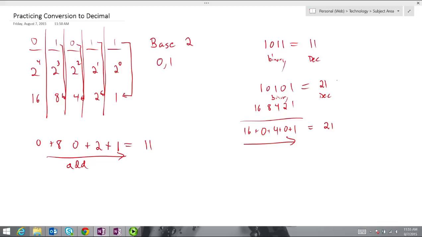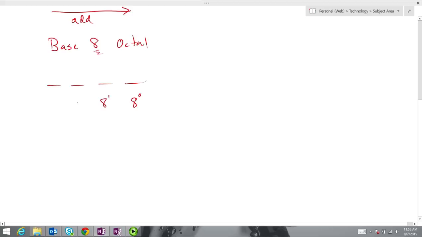Okay, so we don't have to convert just from base 2. Let's try something a little bit more complicated here. Let's try base 8, octal. So again, I write out some digits. I'm going to have my base, which is 8, to the 0th power, and then 8 to the first power, 8 to the second power, and 8 to the third power.